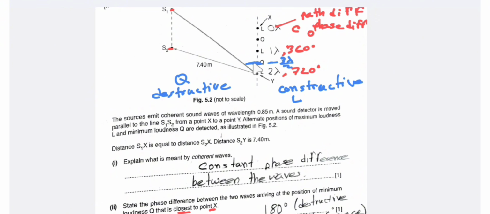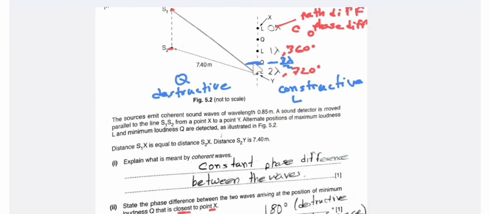The phase difference for loud and loud is 360 degrees, so for loud and quiet it is 180 degrees. So from maximum to minimum, destructive interference, and from maximum to maximum, constructive interference.